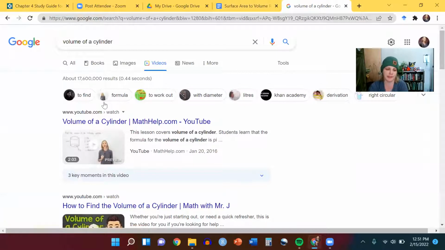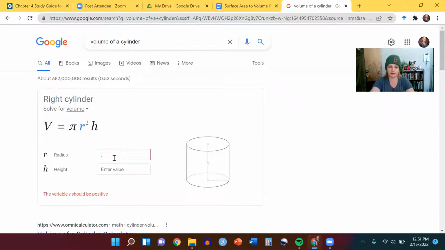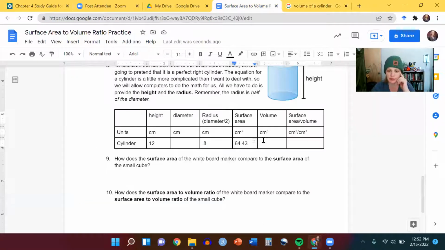I don't want videos, I just want this. Okay, so now I've got my little online calculator, so I can type my numbers in again. The radius was 0.8 and the height was 12. And so now our volume is 24.13. So let me click back here, 24.13.